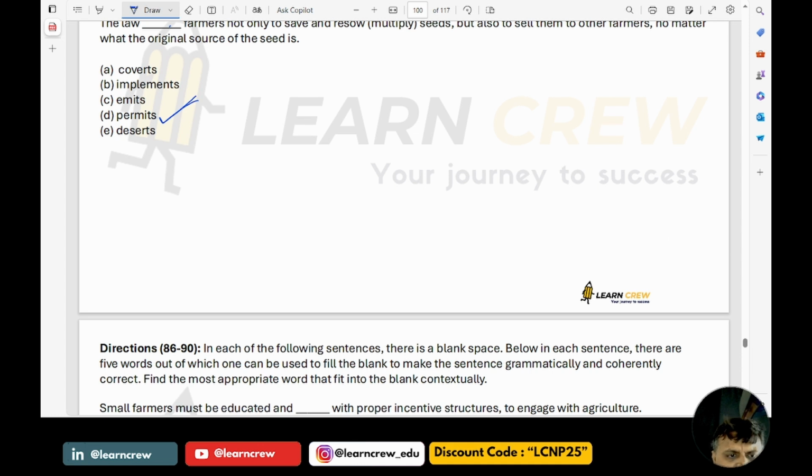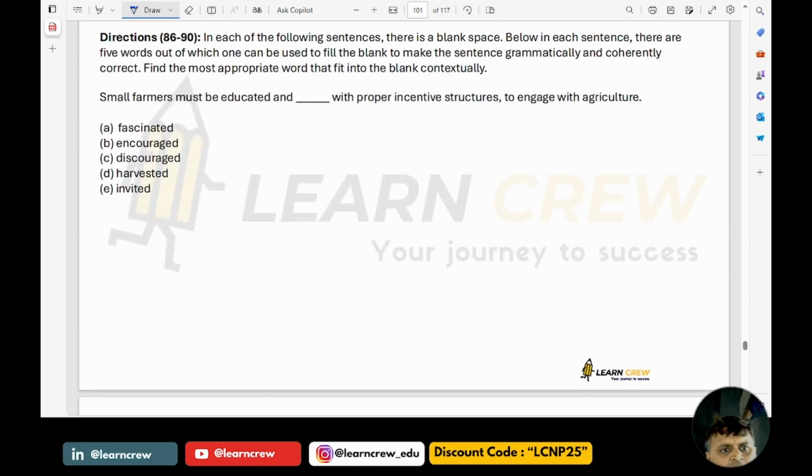Implements means putting a decision or a plan into effect. So the law implements farmers does not fit. Converts also is not going to fit here, because convert means changing. So converts is not the right fit here. The right fit here is permits.